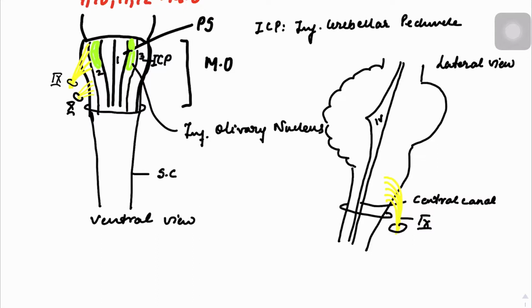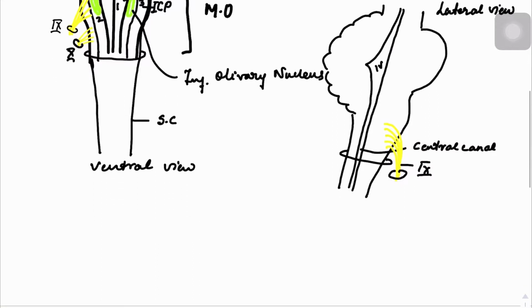Now once the glossopharyngeal nerve is formed, within the cranial cavity, along with the 10th and the 11th cranial nerve, it travels into the posterior cranial fossa and reaches the jugular foramen.